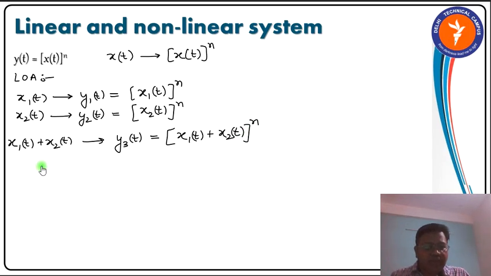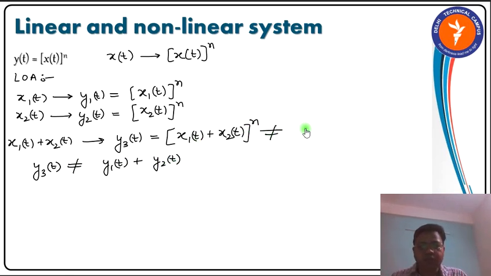Now I can clearly see that y3(t) is not equal to y1(t) plus y2(t). That is, obviously it will not be equal to x1(t) raised to the power n plus x2(t) raised to the power n.